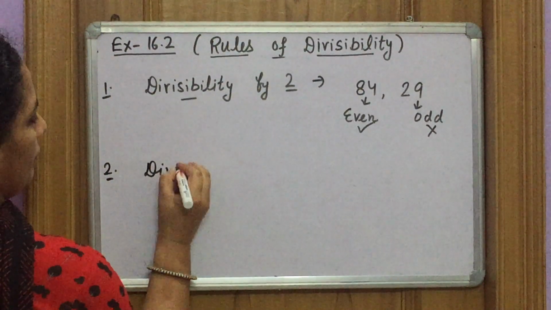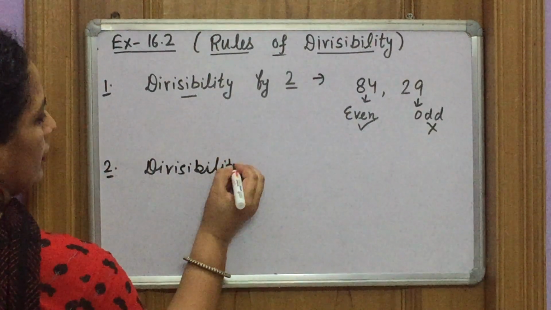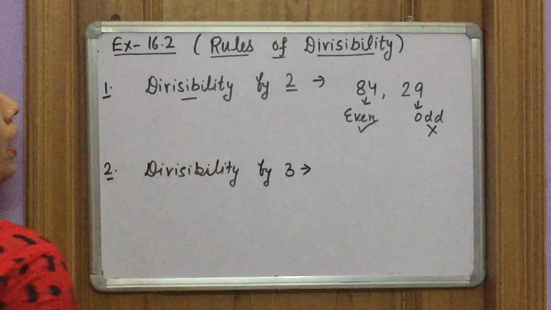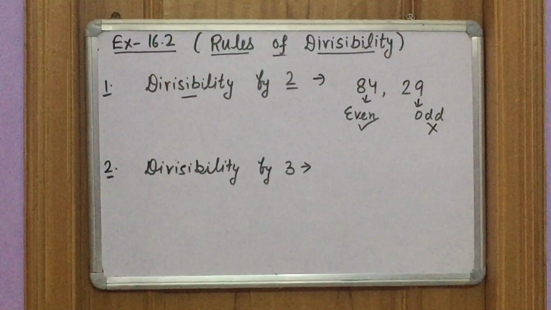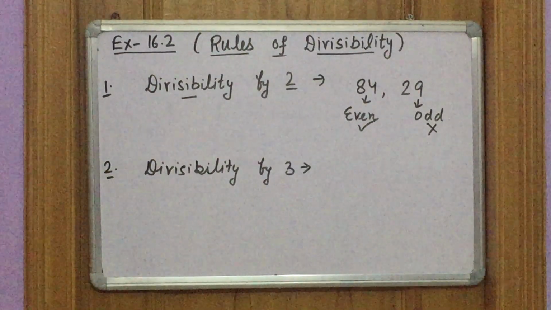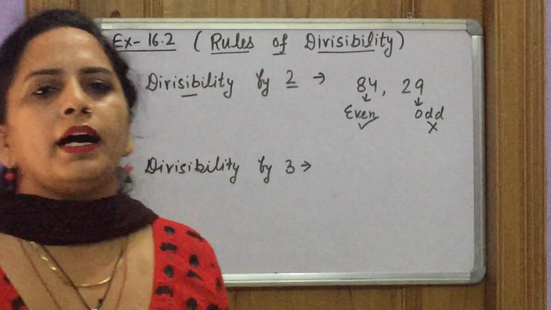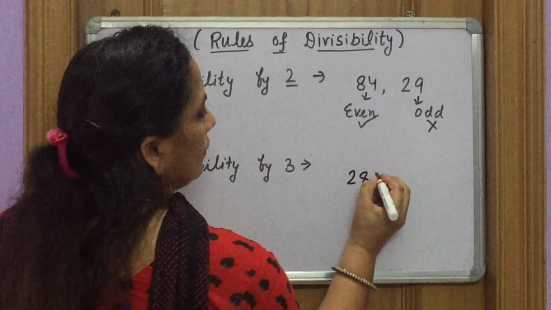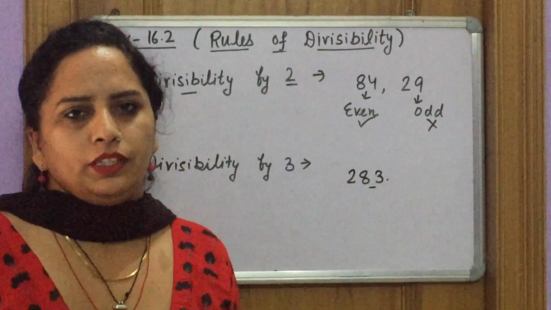divisibility by 3. How we get to know that a number is divisible by 3 or not? When sum of the digits of the number is divisible by 3. That means, for example, we take 283.